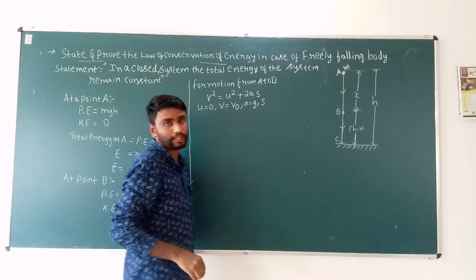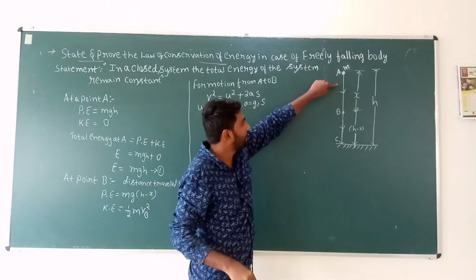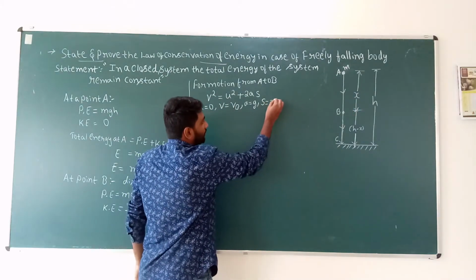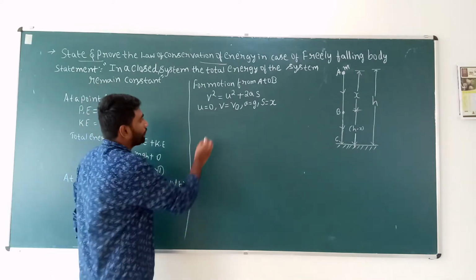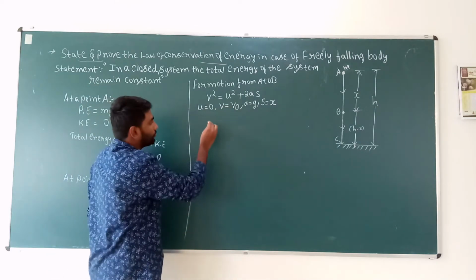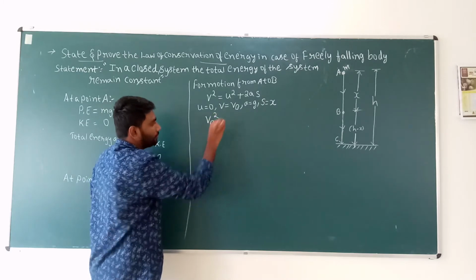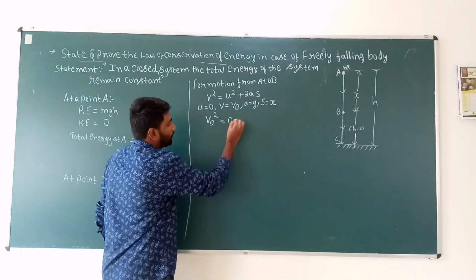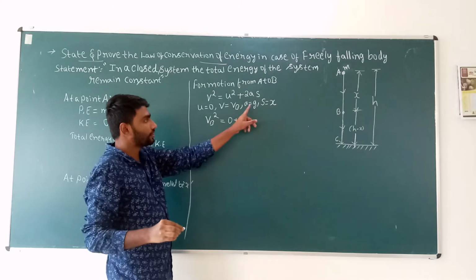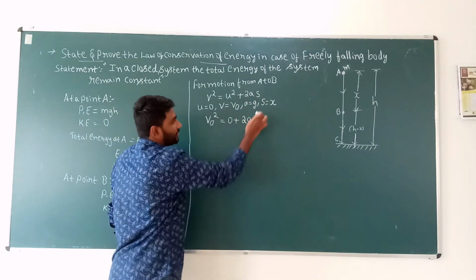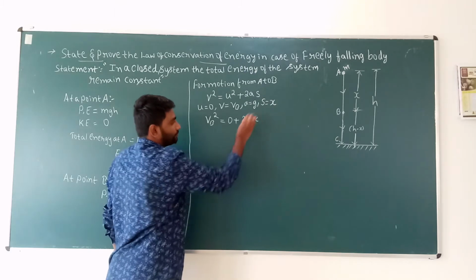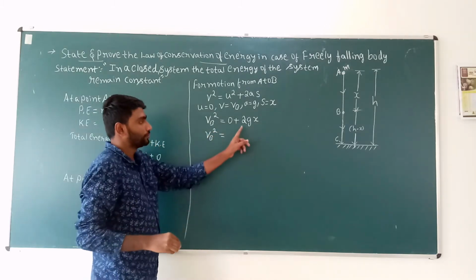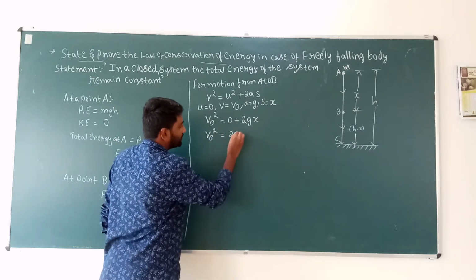The displacement from A to B is the distance x, so s equals x. So vB square equals 0 plus 2gx, that is vB square equals 2gx.